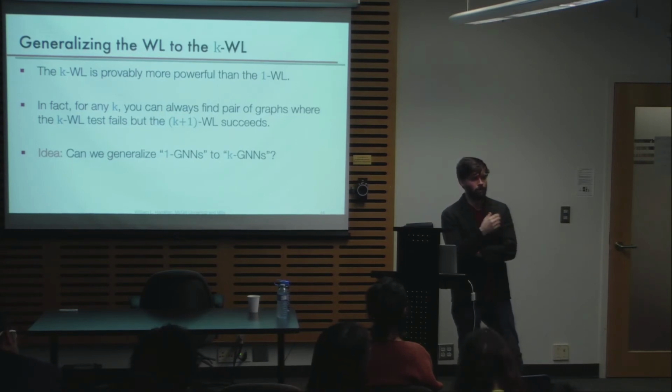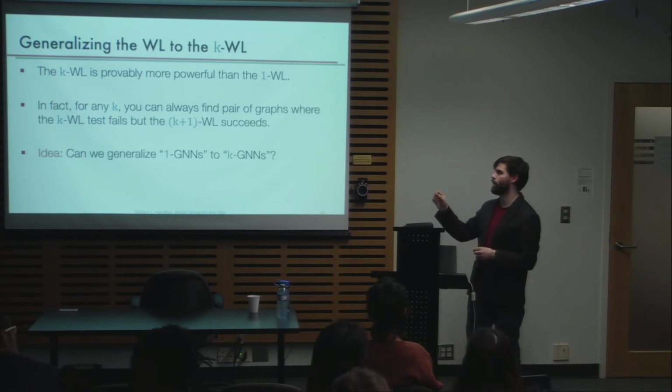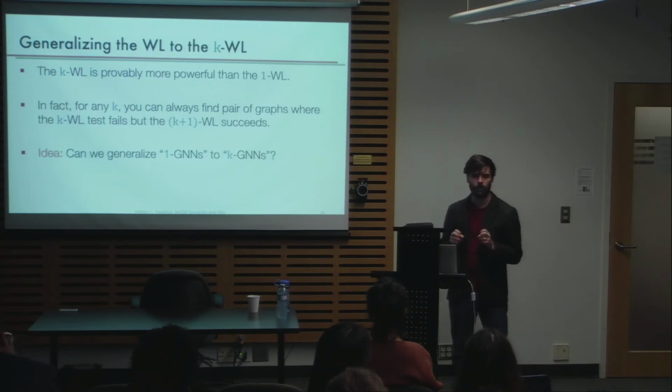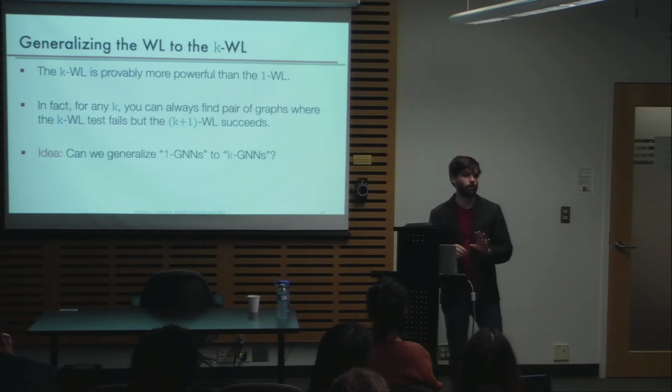Even for the regular WL test, you can generalize it to multiple types of relations, and it's not that difficult, but the bookkeeping gets a lot more challenging. So I'm focusing on simple graphs, and we don't have a good way to generalize to k-GNNs on multi-relational graphs, but we can handle multi-relational graphs with regular GNNs. It gets hard when we're doing this generalization.